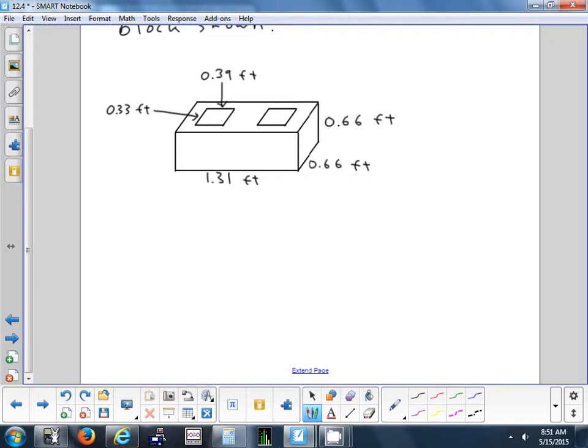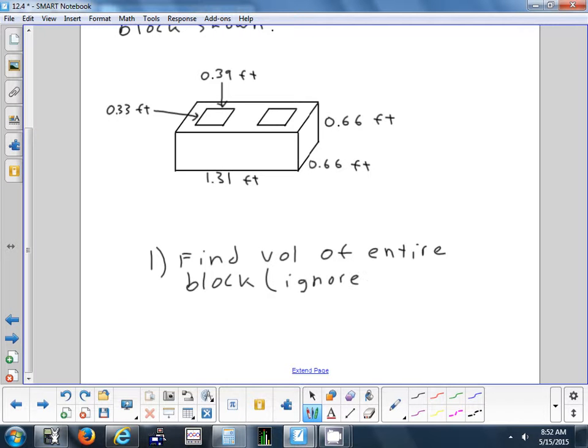The whole block, and then subtract it. Step one, we'll find the volume of the entire block. Let's ignore the holes. Okay, ignore the two holes that are in it. So find the volume of the whole block, ignore the holes for now.